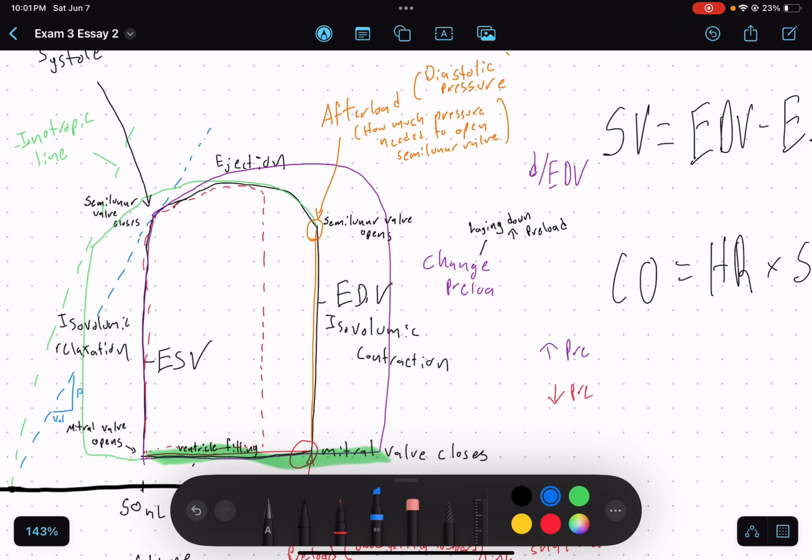So that's your preload, and that's your afterload. If you increase your preload, you're going to increase the amount of volume the ventricle is holding if you're keeping the same inotropic line. So that means your volume is going to increase within your heart.